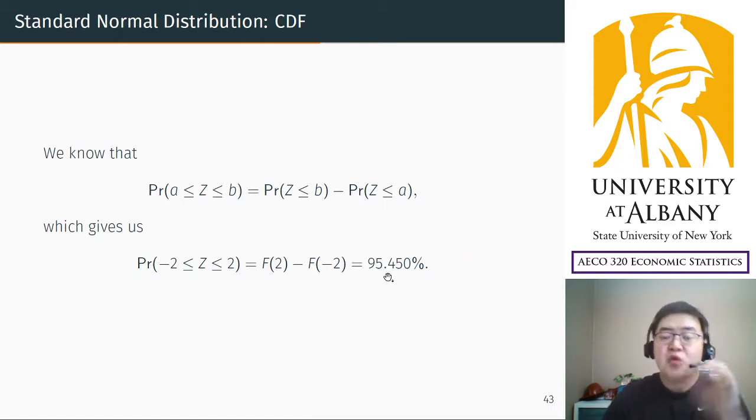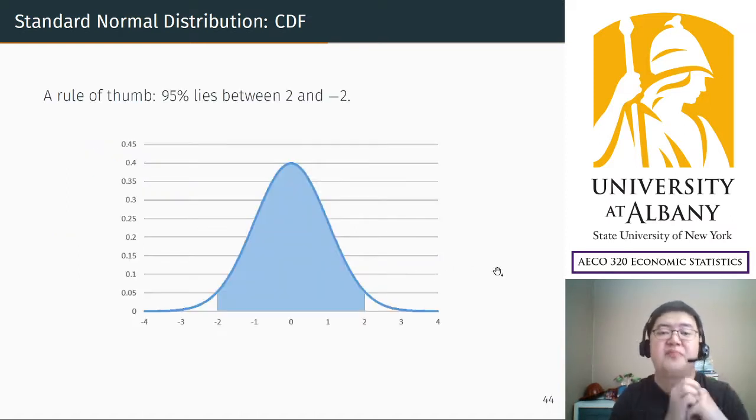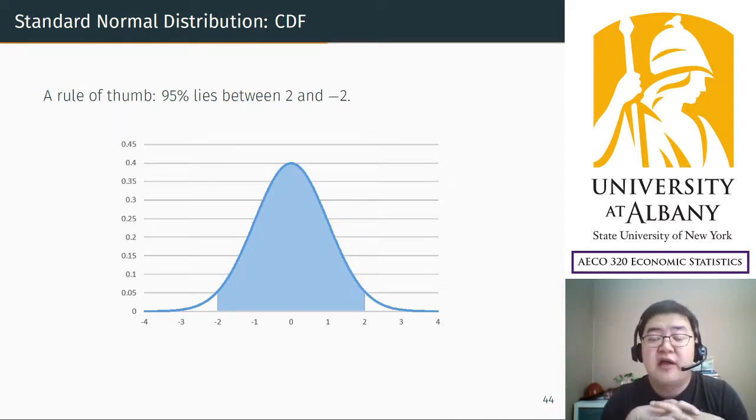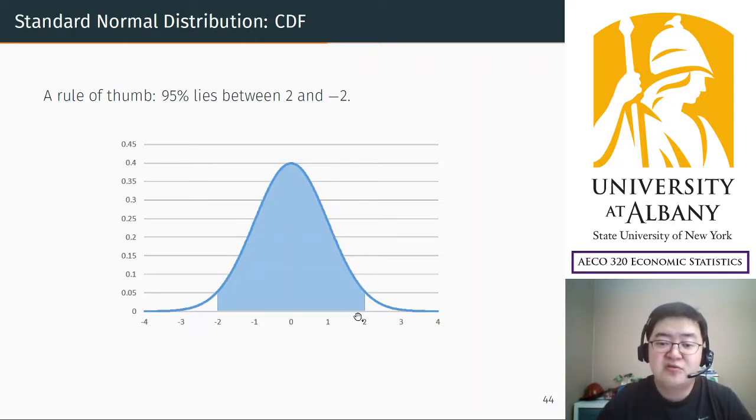And you are going to see this number often. It's a famous number because, as a rule of thumb, people say the standard normal distribution has 95% between plus 2 and minus 2. So plus minus 2 contains 95% of the observations.